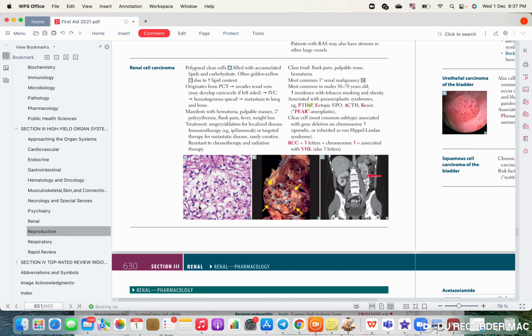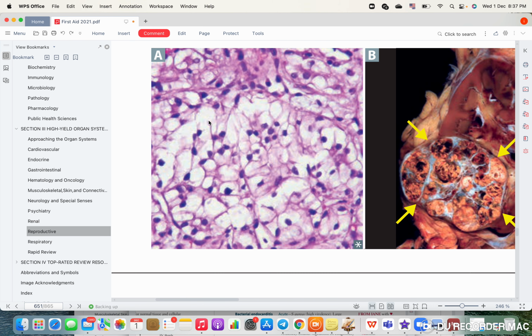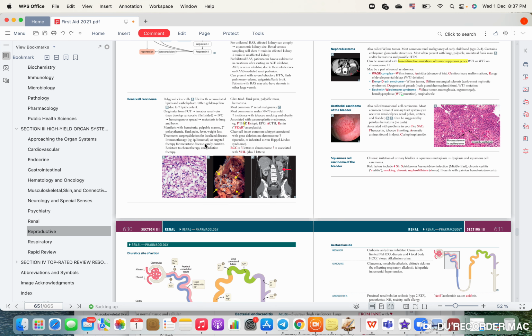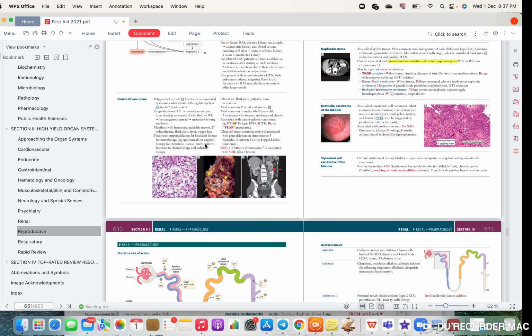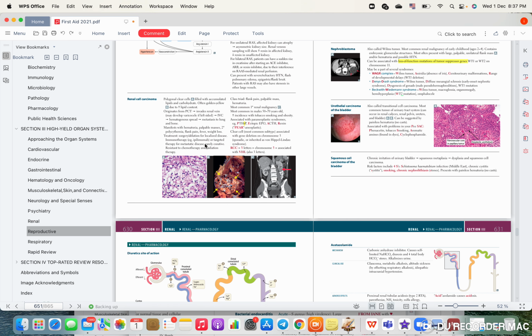Guys, in renal cell carcinoma, we had the clear cells. What do the clear cells contain inside of them? Lipids and carbs. We know that some tumors have paraneoplastic syndromes, in which they start secreting some foreign substances that they normally do not make.